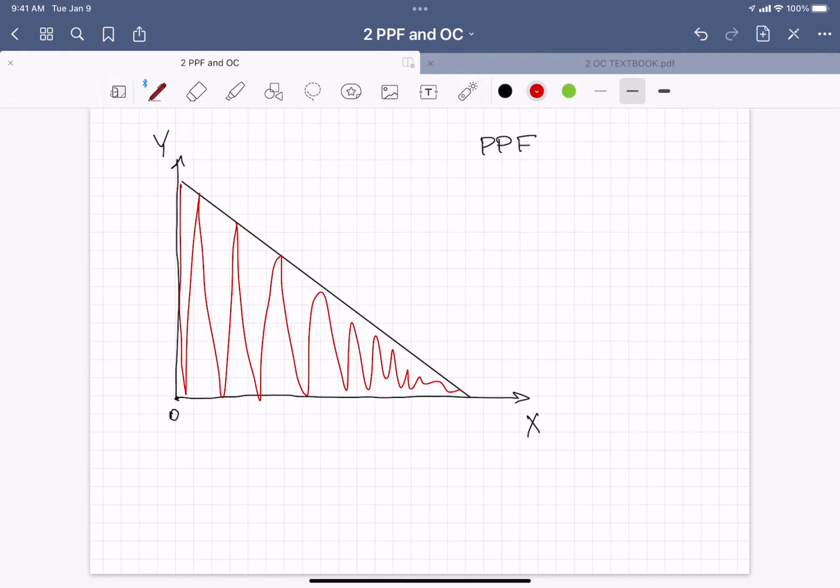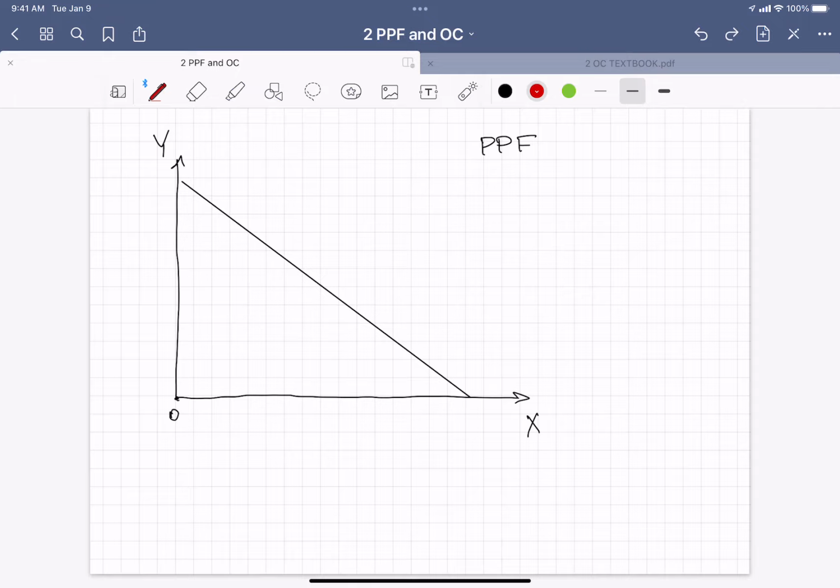Whatever combination of these two goods we pick below this line, let's say like this point, by definition, it's attainable. And that makes sense, because the closer we are to 0, the less of both goods is being produced. If you pick this point, this is where you're not producing anything. So if you happen to be here, it means your resources and technology are not being used at all. You're just sitting there and wasting your resources.